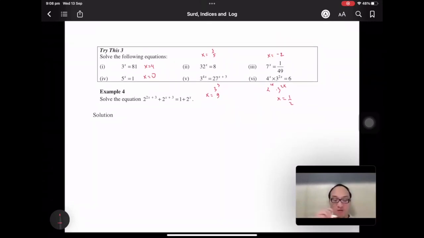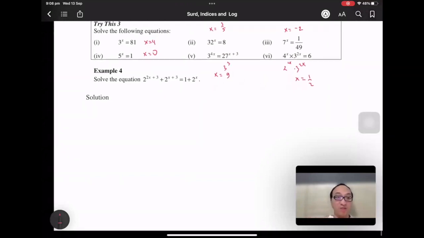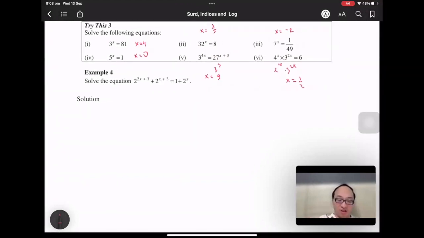Example 4, solve this equation. We can change the form first into a multiplication. So this is 2 to the power of x times 2 to the power of 3.